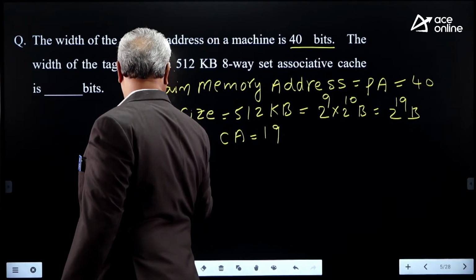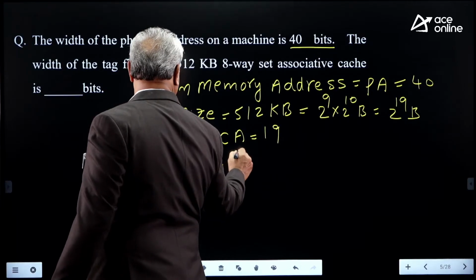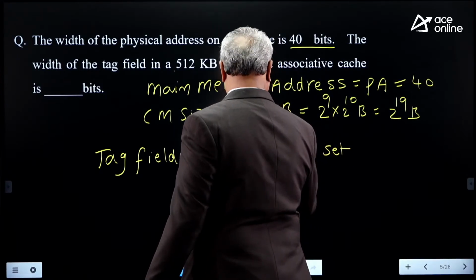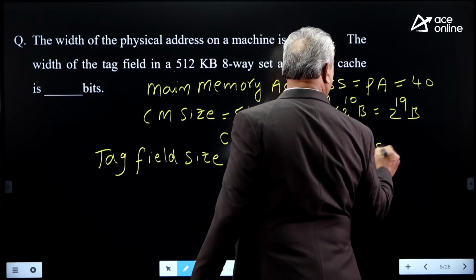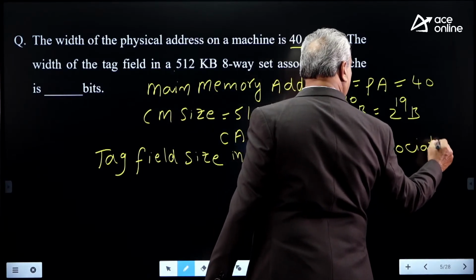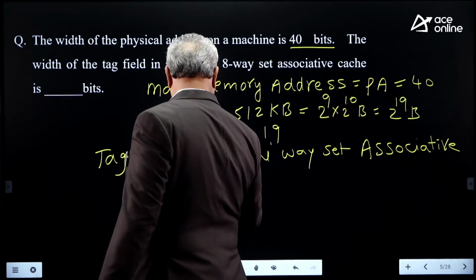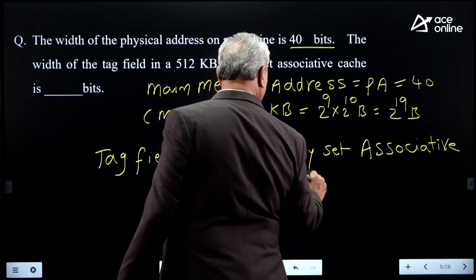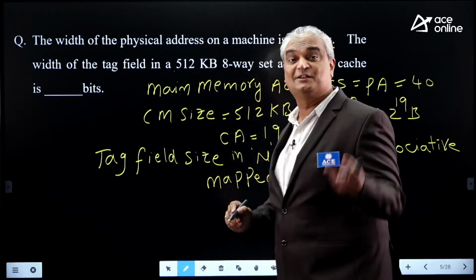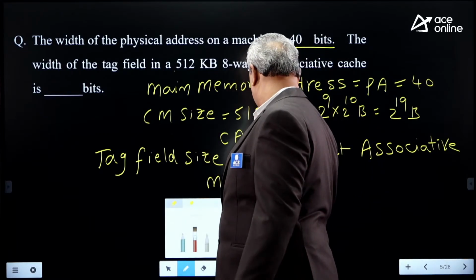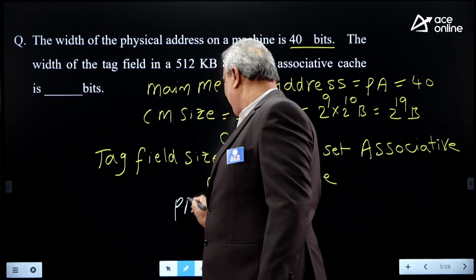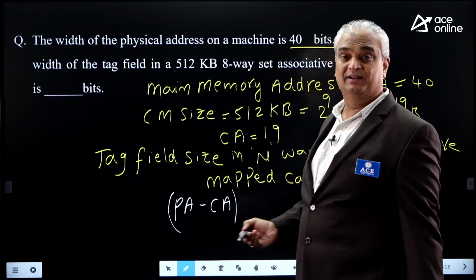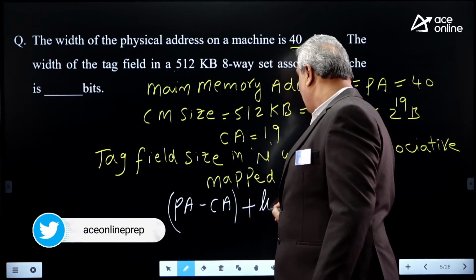What is the tag field size? Do you remember the expression? It is PA minus CA, which gives the number of bits in a direct mapped cache, plus log n.